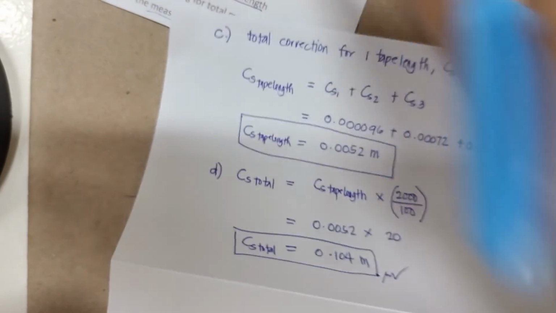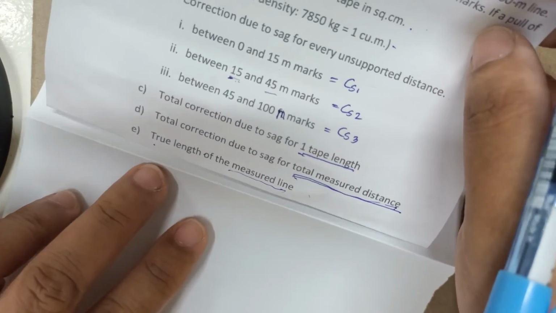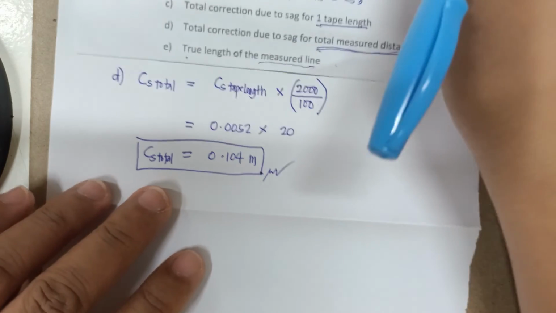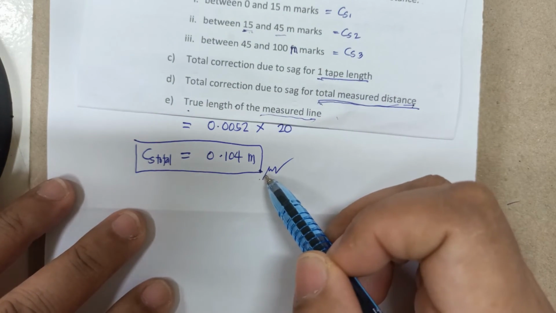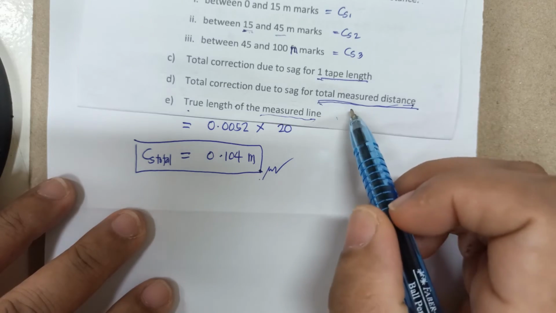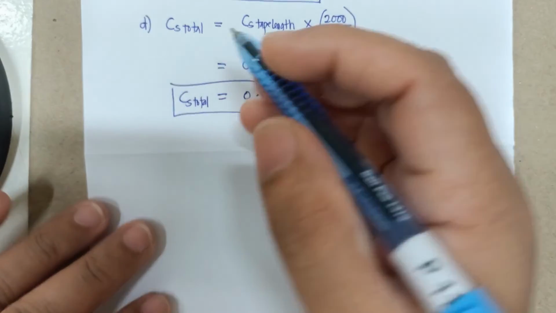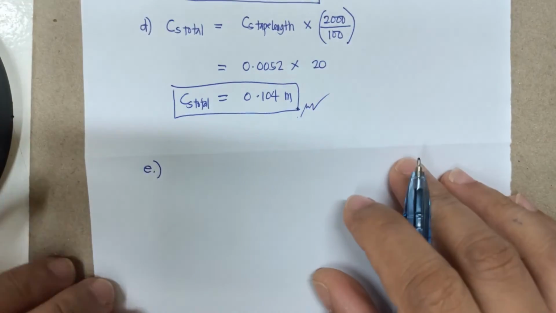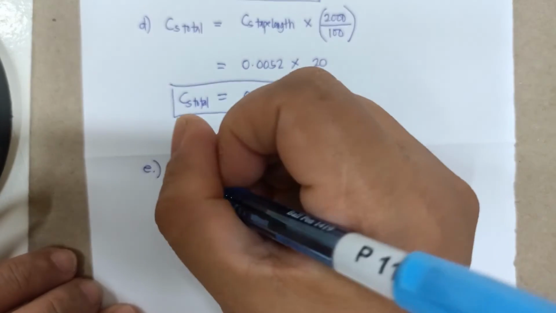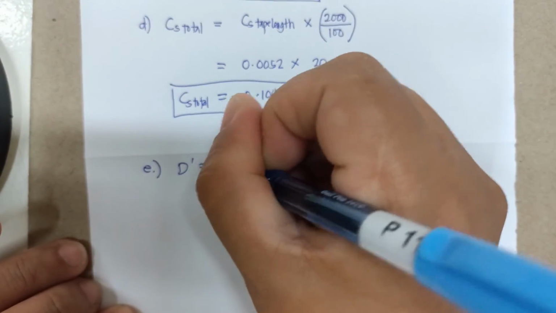Next is, what is the true length of the measured line? We will use this value because this is the correction of the measured distance already. So we have E. We will call D prime the corrected distance.